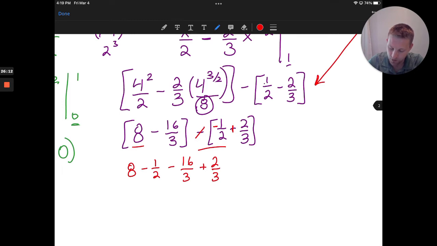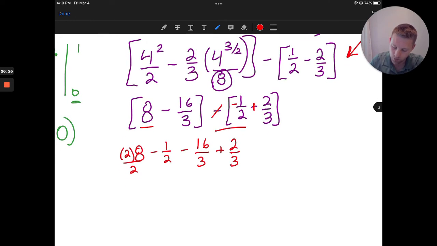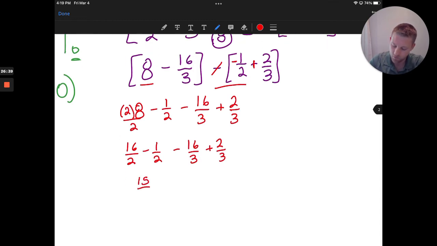And it looks like we'll have 8 minus 1/2, or we can multiply that by 2 over 2 to get 16 divided by 2. So we have 16 divided by 2 minus 1/2. Then we'll have negative 16 over 3 plus 2/3. We'll have 15 over 2 for combining these two values. And then negative 16 over 3 plus 2 over 3 will just give us negative 14 over 3.